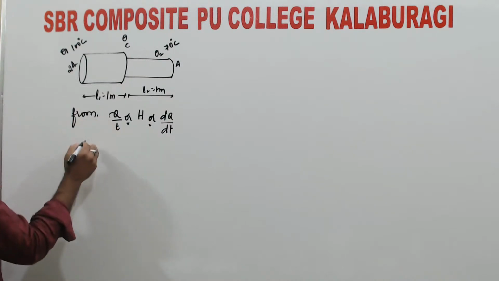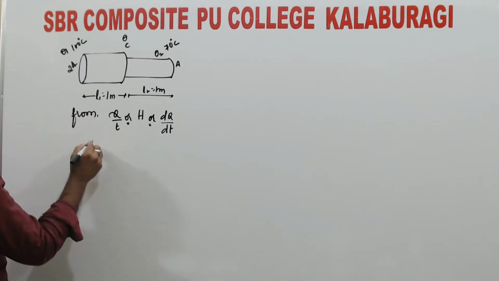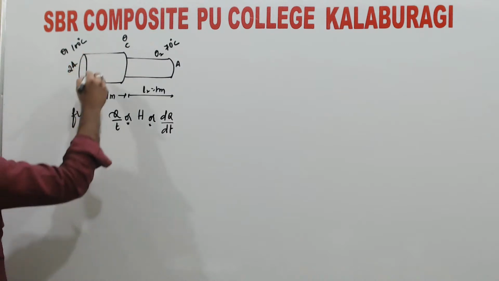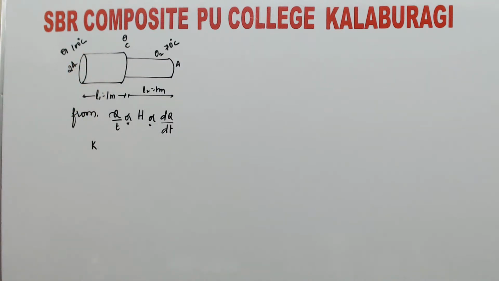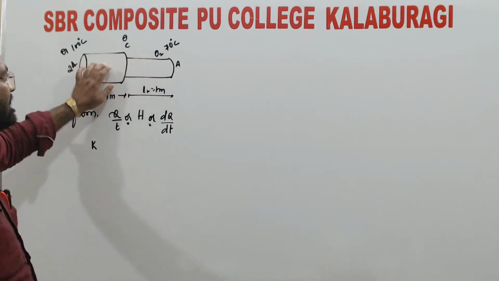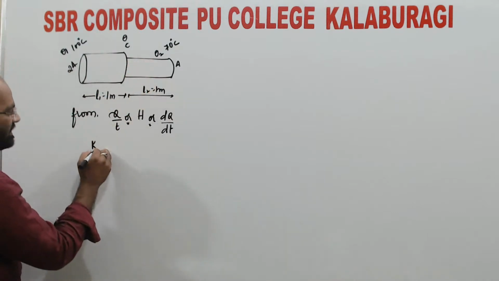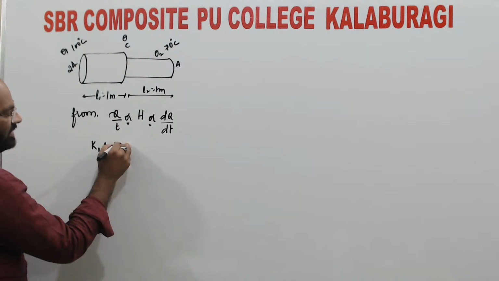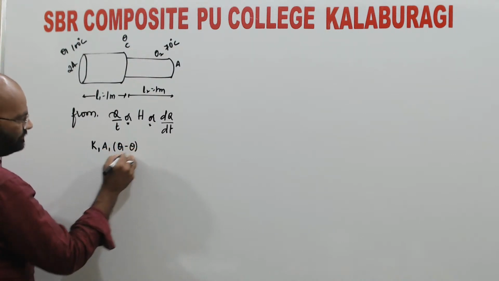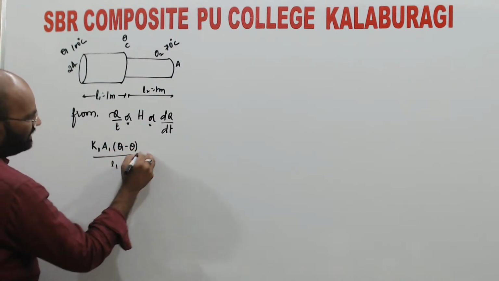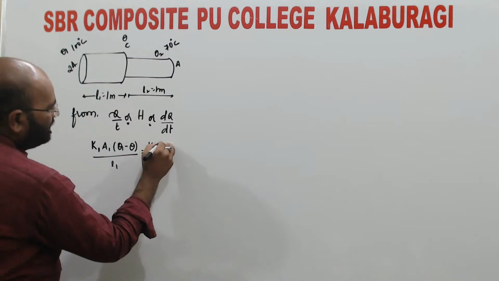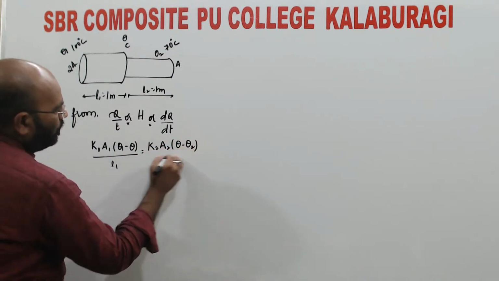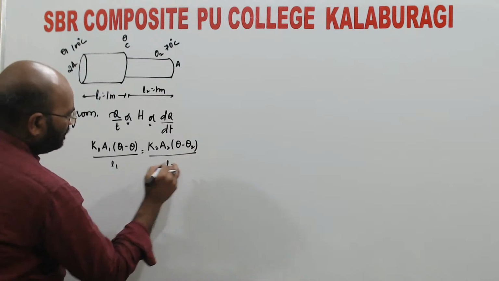Now I will go with the similar equation. We can write here K1, the coefficient of thermal conductivity, because it is made of the same material. K1 A1 into (theta 1 minus theta) divided by L1 equals K2 A2 into (theta minus theta 2) divided by L2.